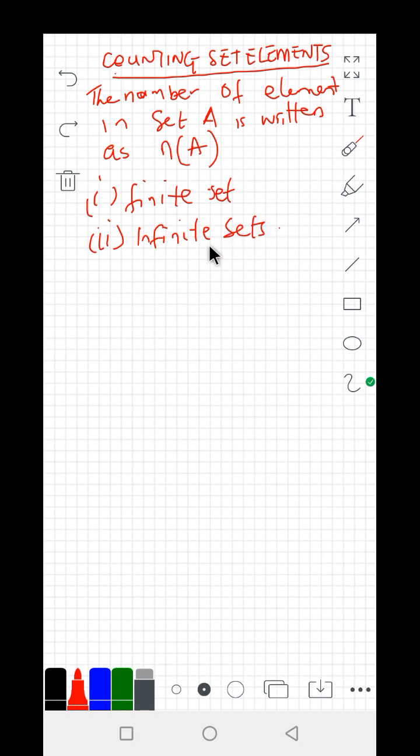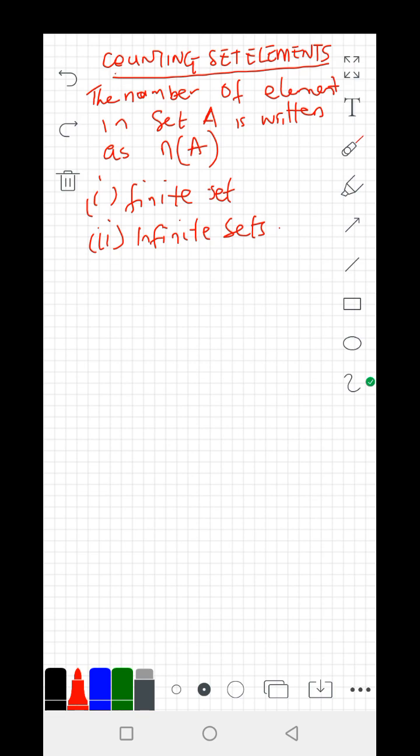Okay, so we are going to make some illustrations here, and we will look at some examples and see if they are finite or infinite sets.